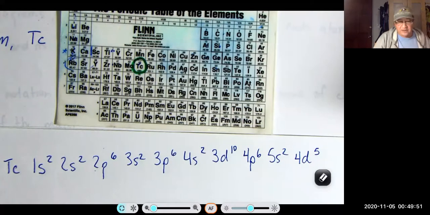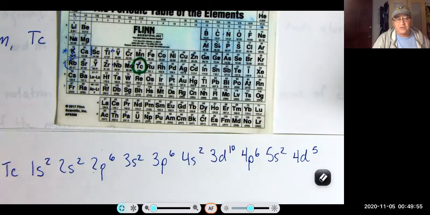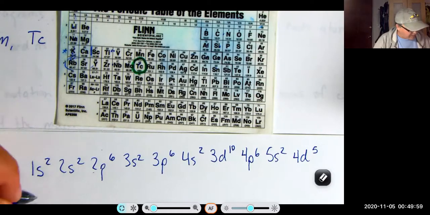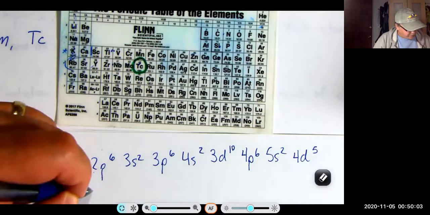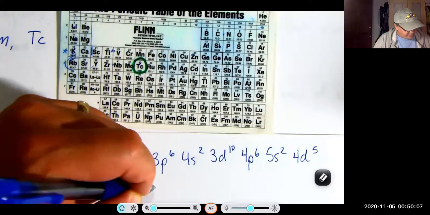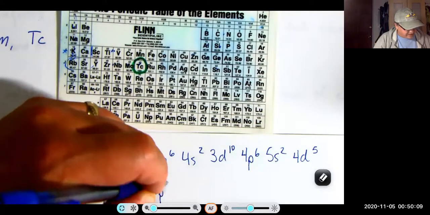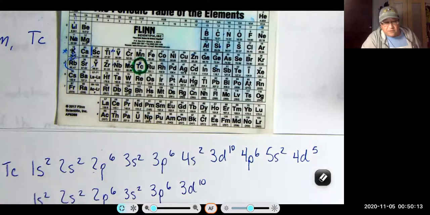So this is the electron configuration of technetium, except it's not fully correct because we do have to put these in order of increasing energy or from more stable to less stable. So we would write 1s2, 2s2, 2p6, 3s2, 3p6, 3d10. So why am I writing the 3d before the 4s?